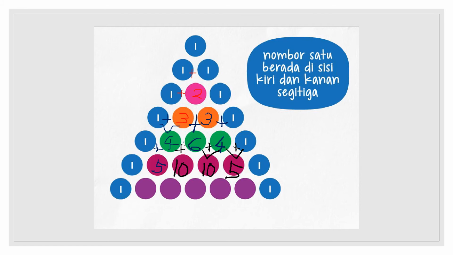And lastly, 5 plus 1 equal 6. 5 plus 10 equal 15. 10 plus 10 equal 20. 10 plus 5 equal 15. 5 plus 1 equal 6. That is how we fill in the rest of the triangle. Let's check the answer.